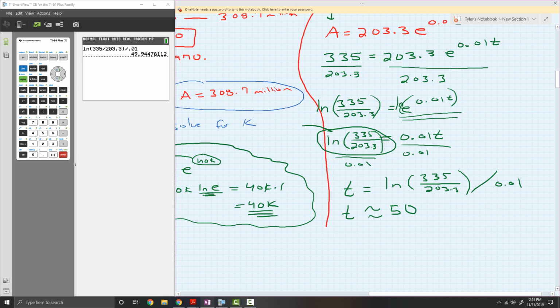Pretty darn close. So again, don't forget that we were asked for what year. So to find the year, we would take 50 plus 1970, which is 2020. So in the year 2020, the U.S. population will reach 335 million, according to our model.